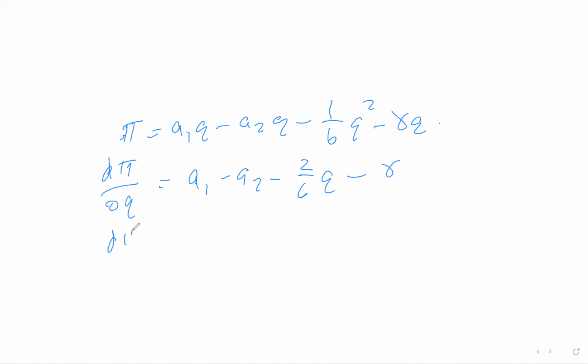Therefore, d pi over dQ equals A1 minus A2 minus gamma minus 1/3 Q.